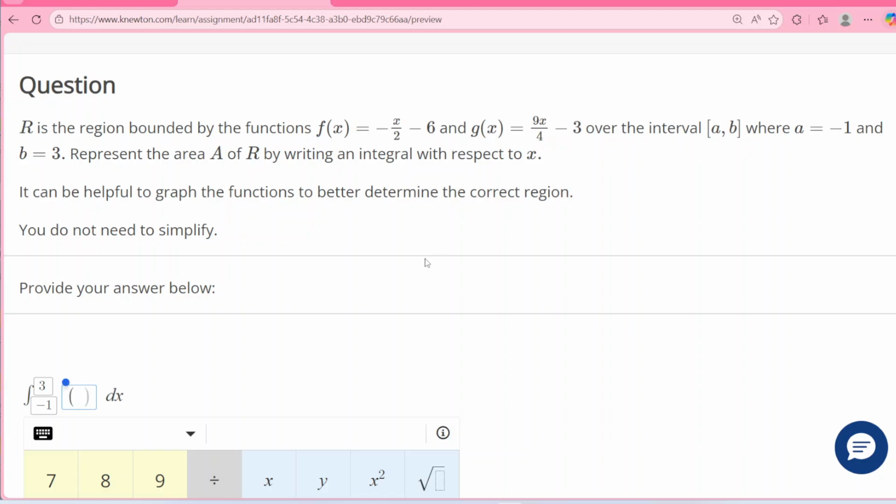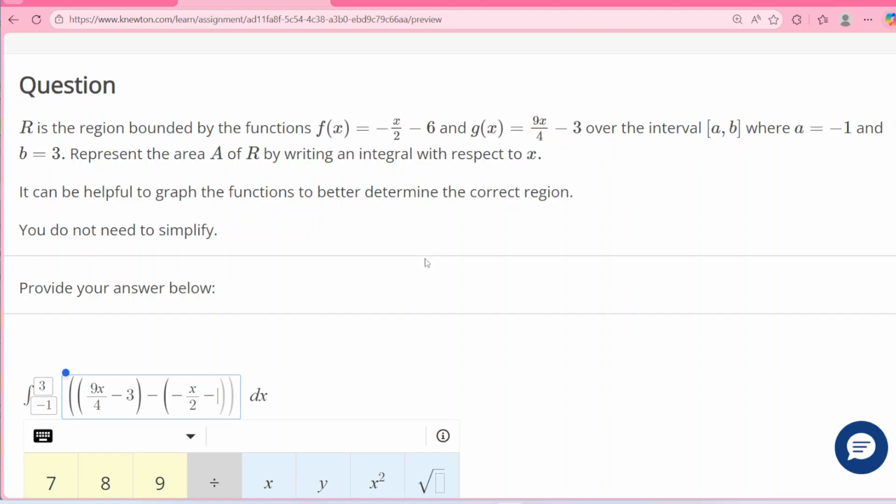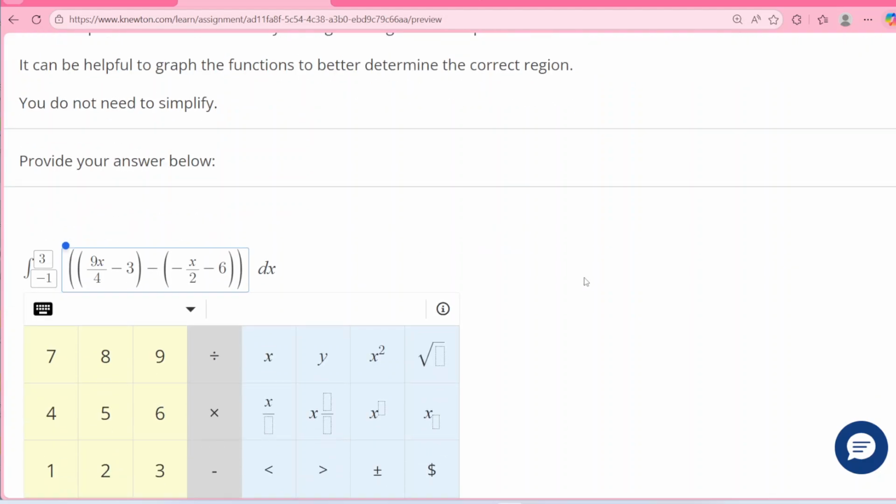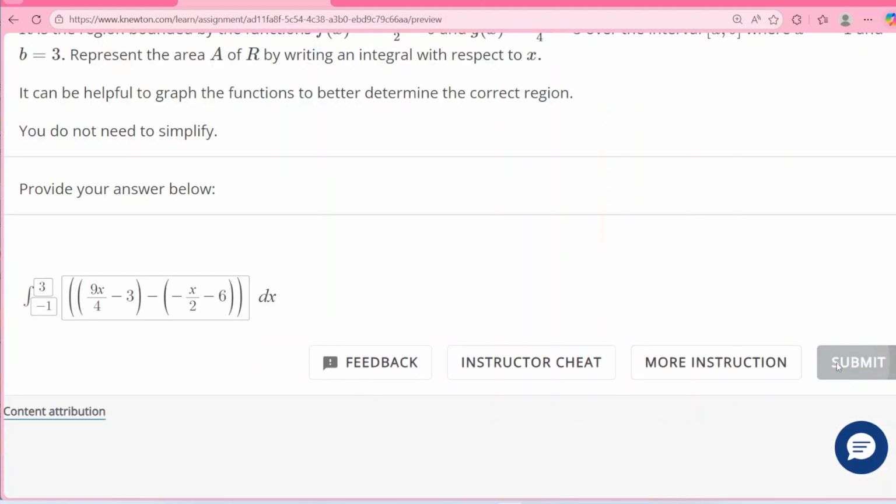So in the parentheses here, I can put g first, right? G is the top function, 9x over 4 minus 3, and then minus, and then f is the bottom function, negative x over 2 minus 6.